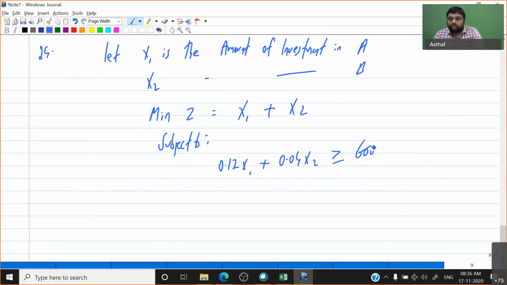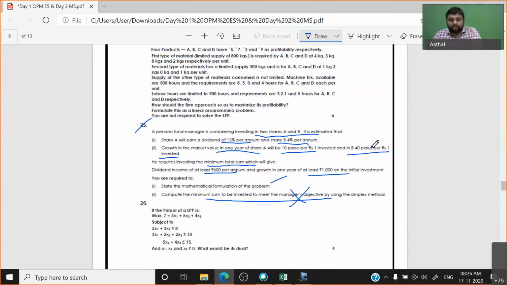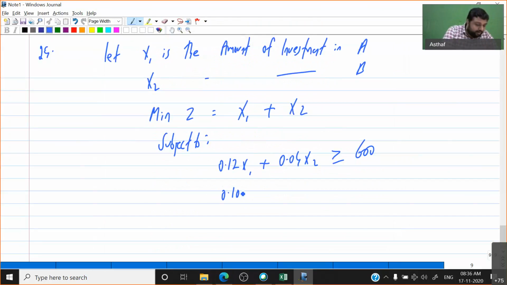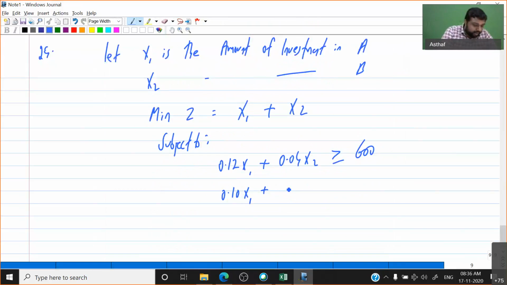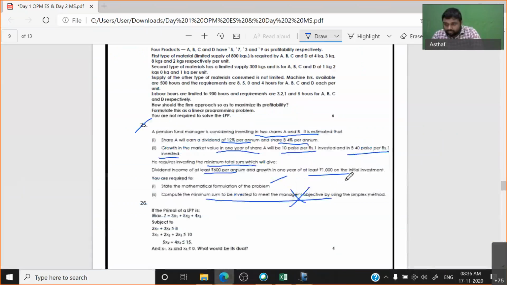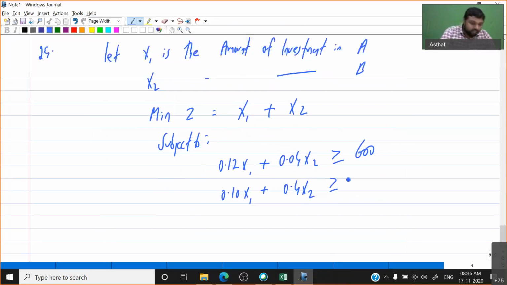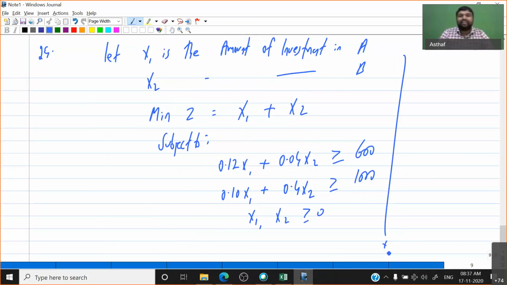Next, growth: 10 paisa per 1 rupee will be 0.1x1 plus 40 paisa per rupee, 0.4x2, greater than or equal to 1000. x1, x2 greater than or equal to 0. Copy fast.